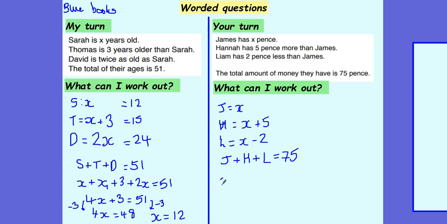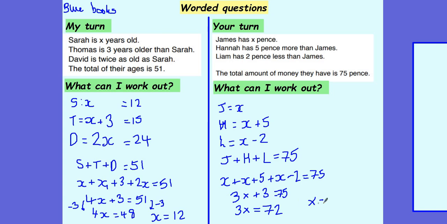This tells us that x plus 5 plus x subtract 2 is 75. Let's simplify that. 3x plus 3 equals 75. Subtracting 3 from both sides tells us that 3x is equal to 72.